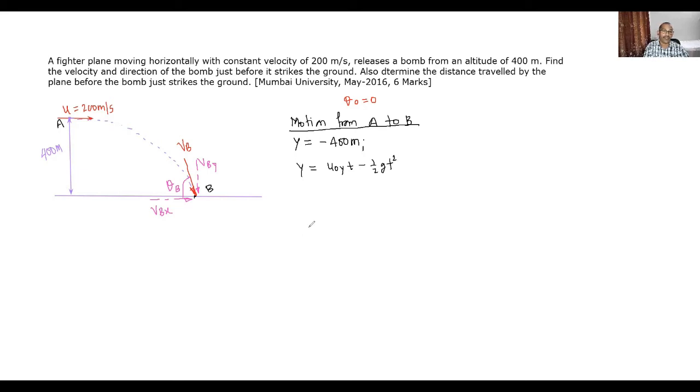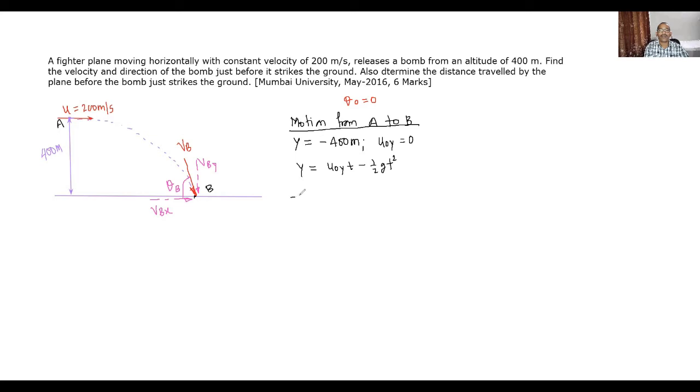But as initially the velocity is in the horizontal direction, what about the vertical component at the point of projection? It will be 0, so u0y is 0. If the velocity is inclined, we will get two components. If the velocity is only in the horizontal direction, then the vertical component is automatically 0.